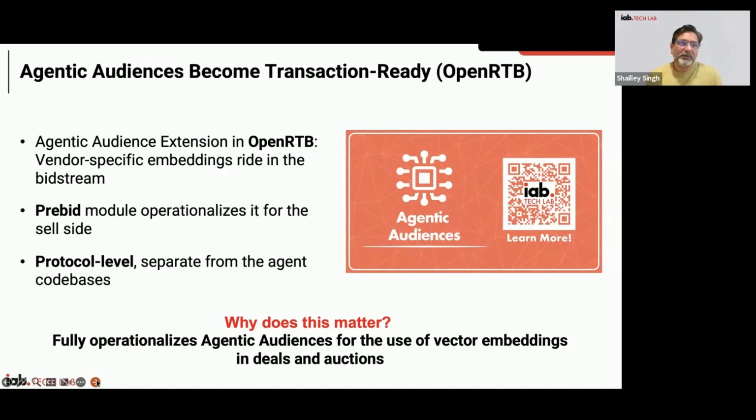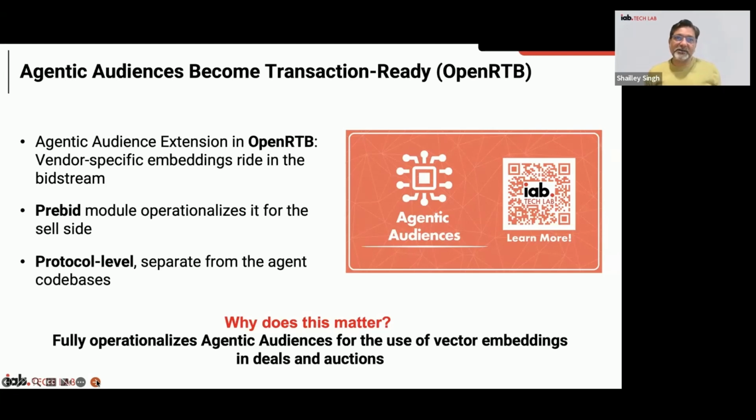We also have been able to finalize the agentic audiences, which LiveRamp had initially started, what they call the user context protocol. And of course, Google came out with Universal Commerce Protocol, and they kind of took away the UCP acronym from us.